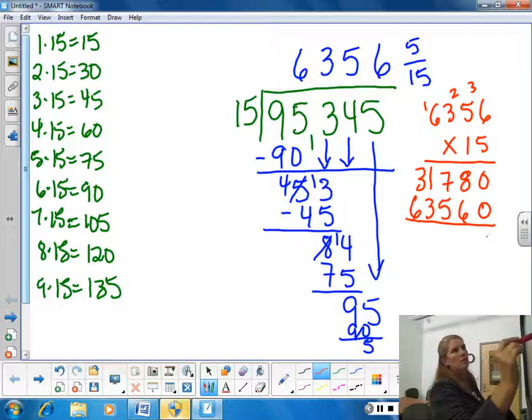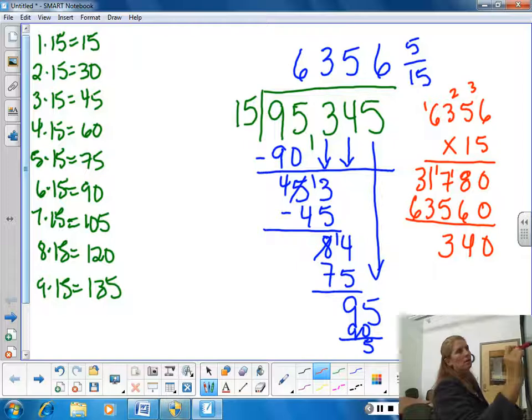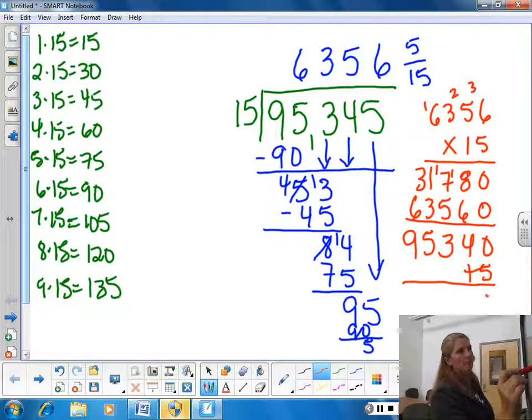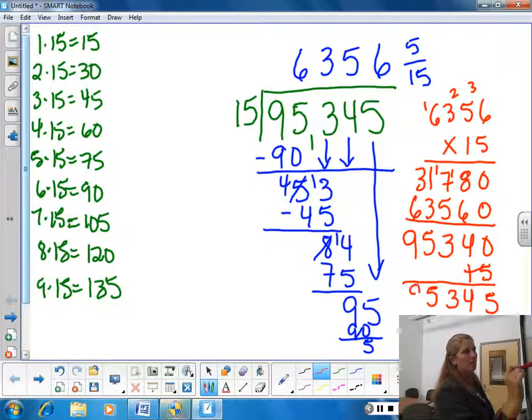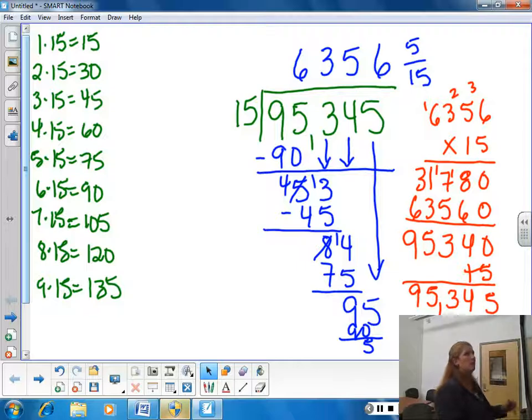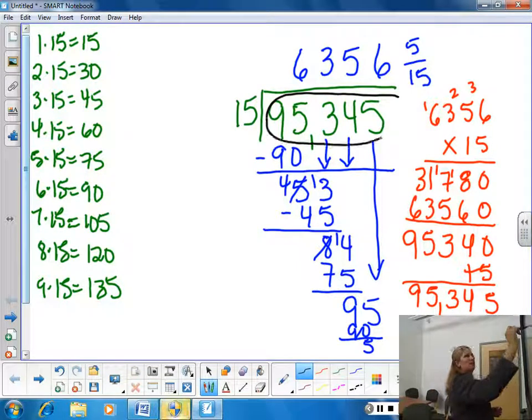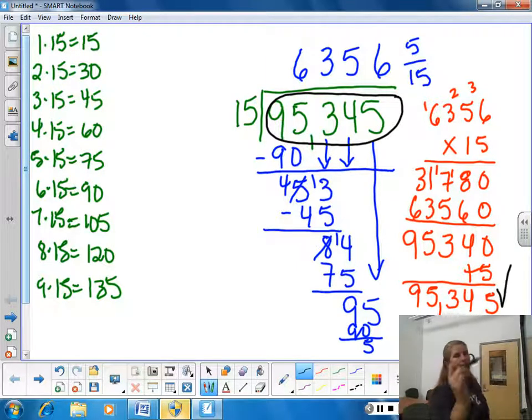Adding straight down, I get 95,340, and then I add my remainder. And I check to see that my answer down here is exactly the dividend that I started off with. 95,345, yes.